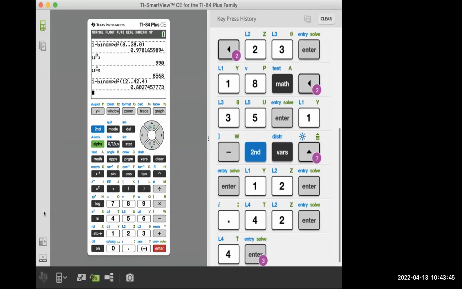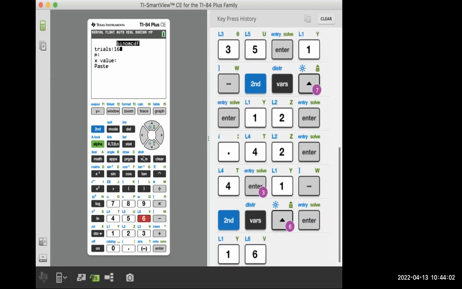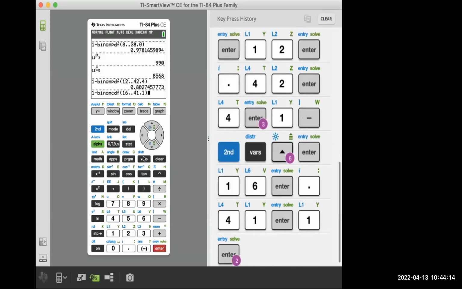So let me do that. I have 16 trials. I have the probability of success is 0.41. And I want to get rid of everything less than or equal to 1, in order to get everything greater than or equal to 2.